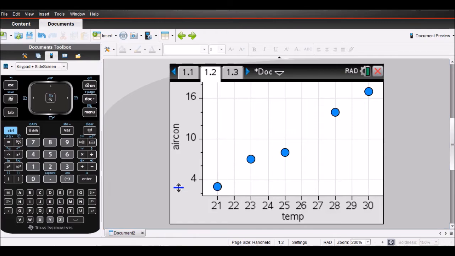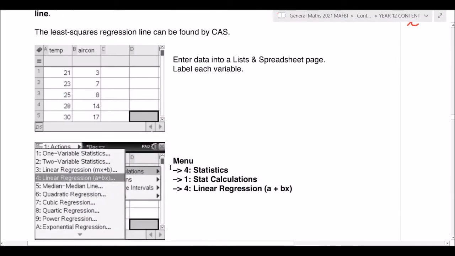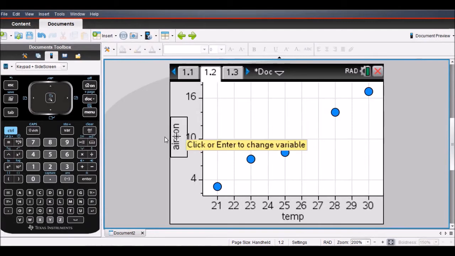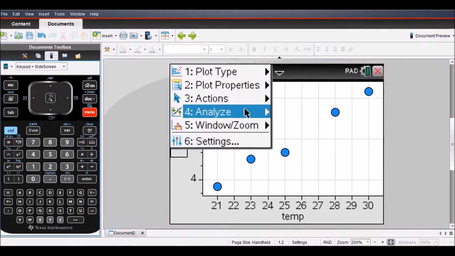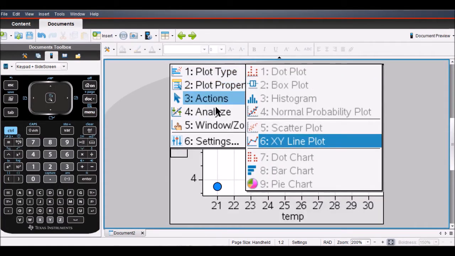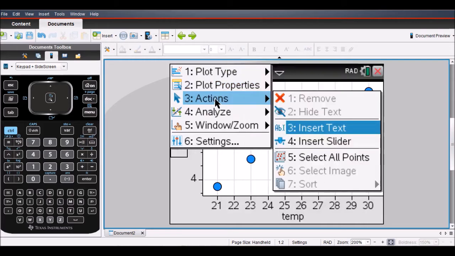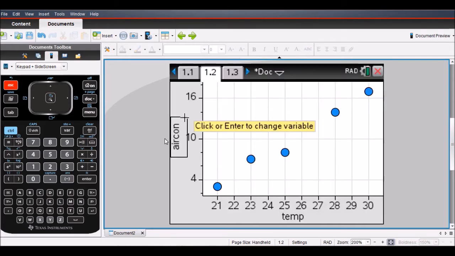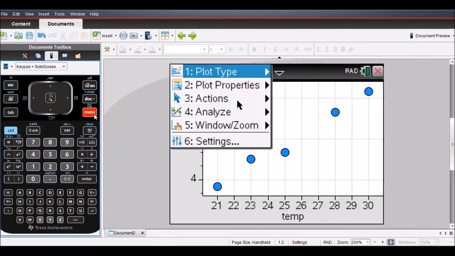What else does it ask us to do? From there, we need to make a linear regression line, or least squares regression line. To make the line, we go menu, plot properties, plot type. Actually, let me make sure this is in the middle.